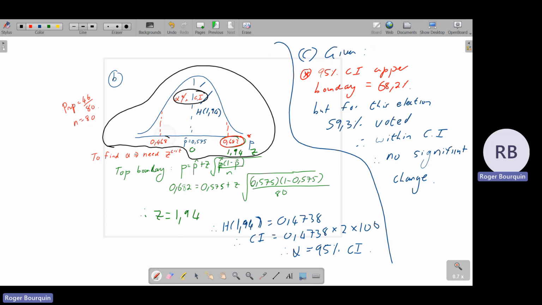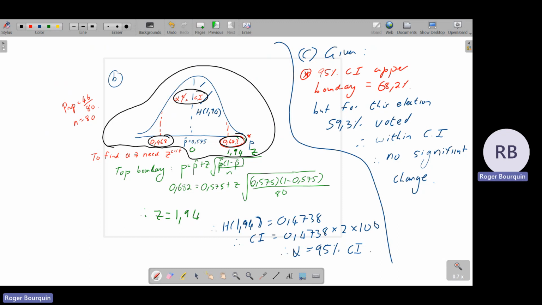So we know that the lower boundary is 46.8%, and the upper boundary for the population proportion is 68.2%. So I need to find the z-score that goes with 0.682. I don't know that yet.